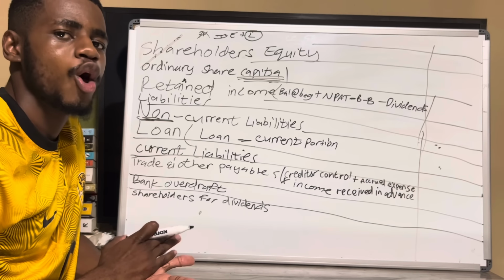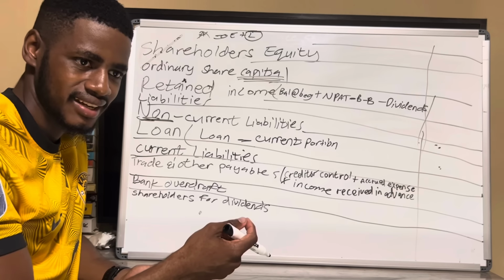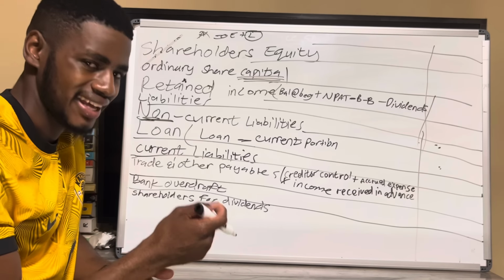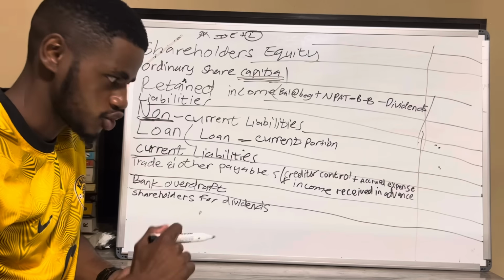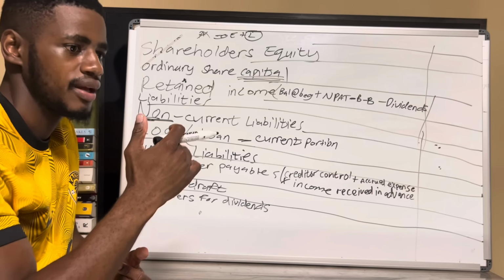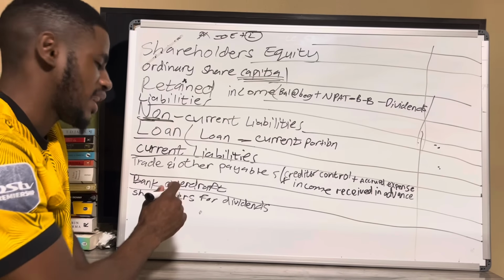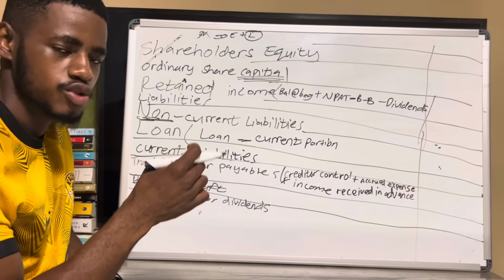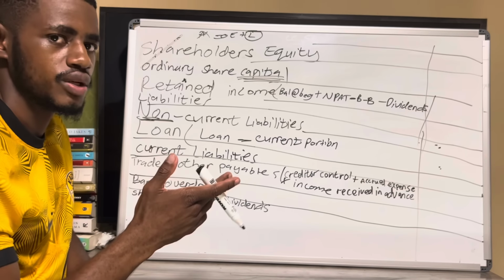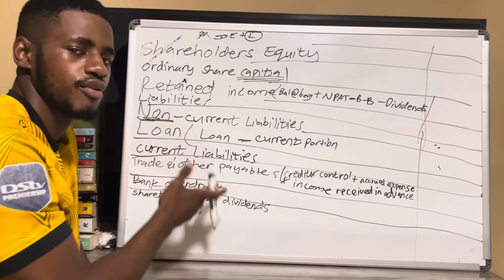Final dividends are not paid out during the year, but they are declared at the end of the year. They are not paid at the end of the year, they are declared at the end of the year. So we haven't yet paid for final dividends. We only pay for them at the beginning of the next financial year. Okay. So for now, we are still owing. So our final dividends are still owed. So we still owe the shareholders the amounts that we need to pay for the final dividends.